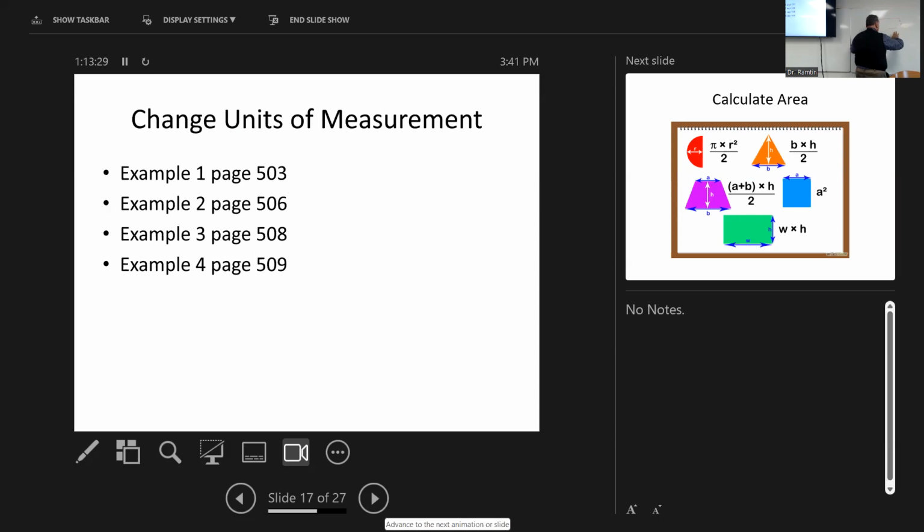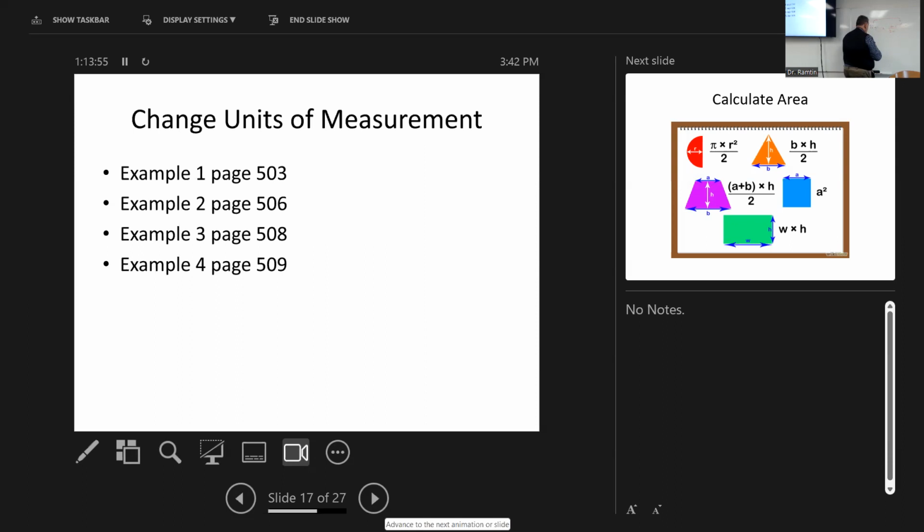Inch should go in the denominator, so that these two can be canceled. Okay, so 1 foot is equal to 12 inches. So I multiply that by 1/12.